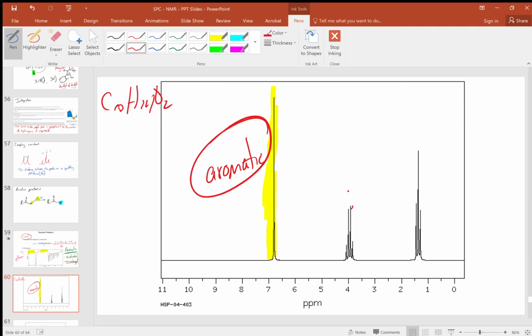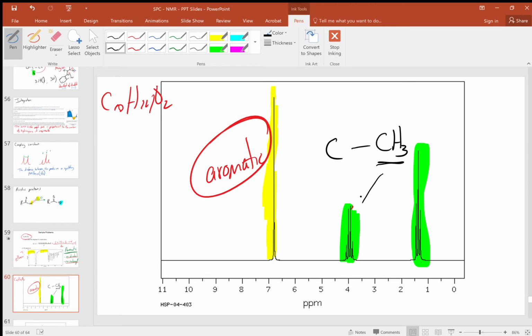Now, the remaining peaks are a quartet and a triplet. And this is a pattern that you should get used to seeing. If we have a quartet, that means it's next to 3 hydrogens. Well, our triplet down here is pretty close to 1 ppm, which suggests to us that this triplet comes from a methyl group at the end of a chain, such as this one, that's causing the splitting to a quartet.